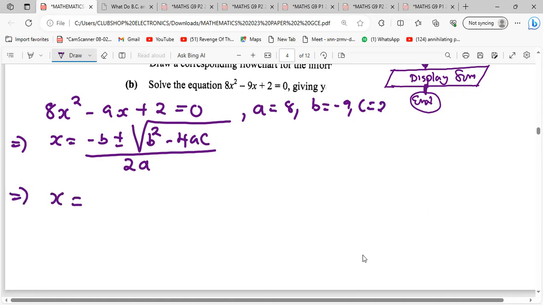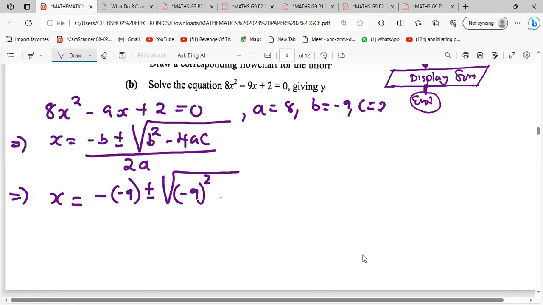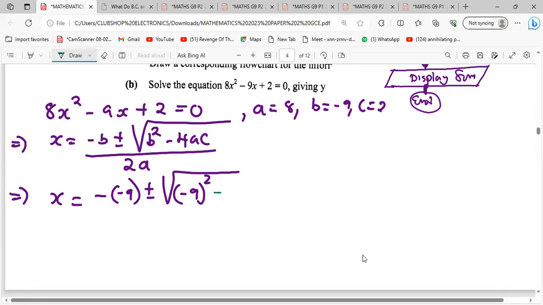x will be equal to negative, open bracket, negative 9, plus or minus square root of negative 9 squared minus. It should be a minus. Yeah, so it should be minus 4 by our a is 8, then our c is 2.